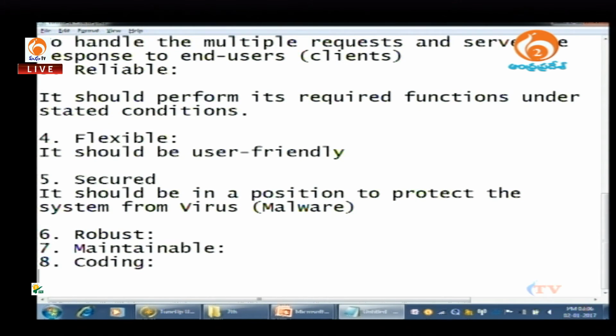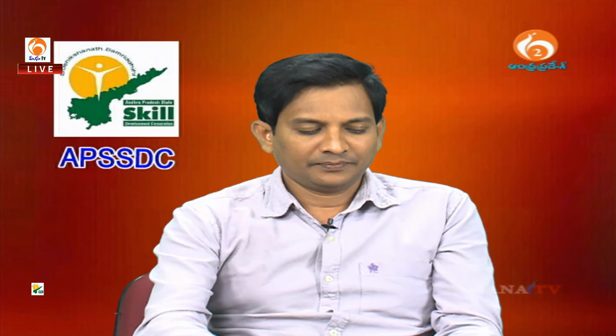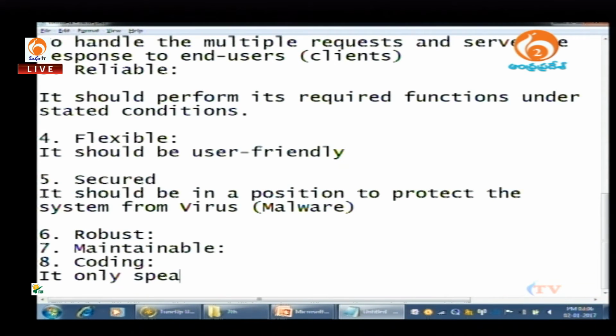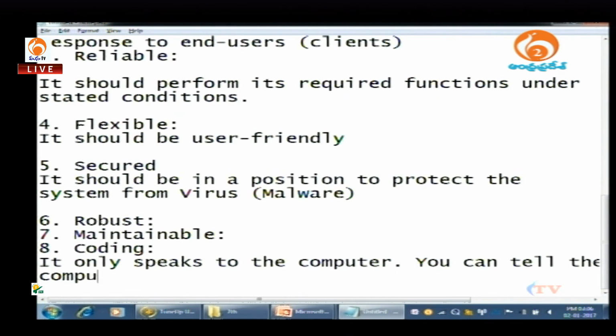Coding is how we speak to the computer. You can tell the computer, the software, what to do, and that is only possible by using coding.